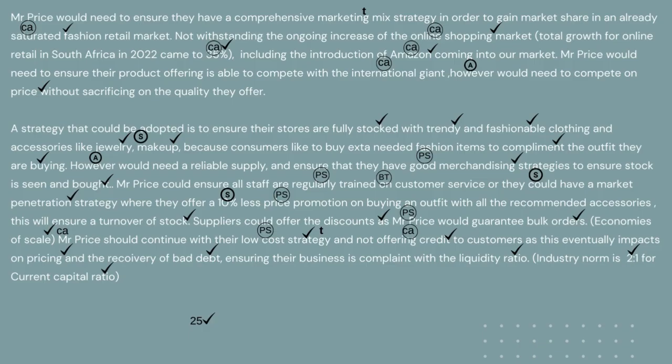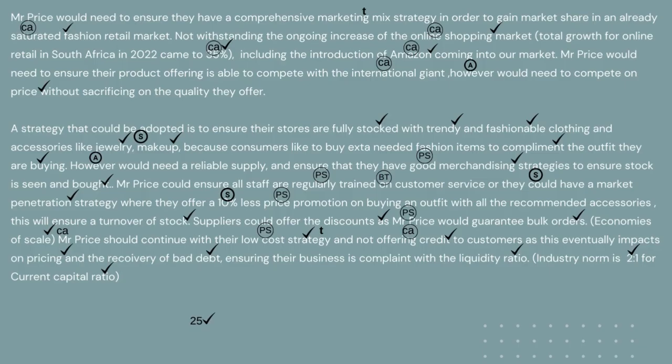Mr Price could ensure all staff are regularly trained, problem solving, on customer service, business terminology. I'd actually give you a mark on customer service because that's your strategy. Or they could have a market penetration strategy where they offer a 10% less price promotion on buying an outfit with all the recommended accessories.